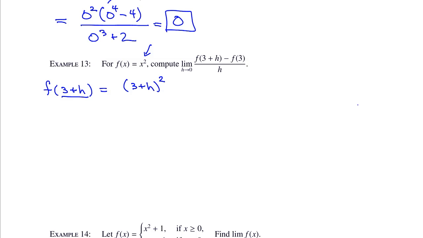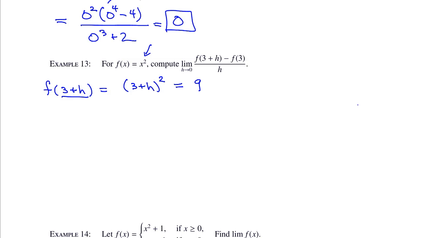The second piece is that whenever you square a binomial, right? Binomial means it has two terms. When you square it, you end up with 3 pieces. A lot of people only do the first one and the last one, and you forget the middle piece. Let me show you a trick on how to do the squaring of a binomial. You square the first term, you get 9.